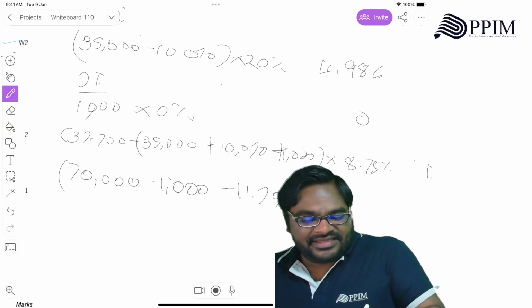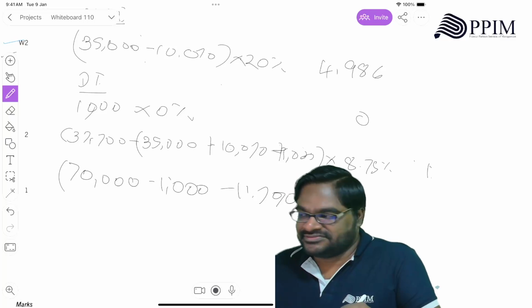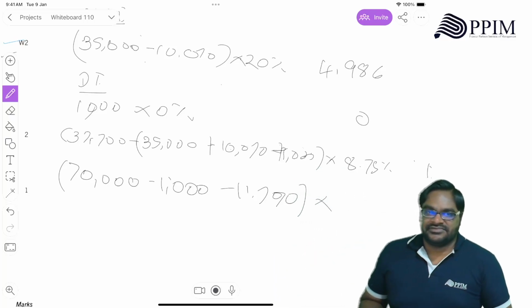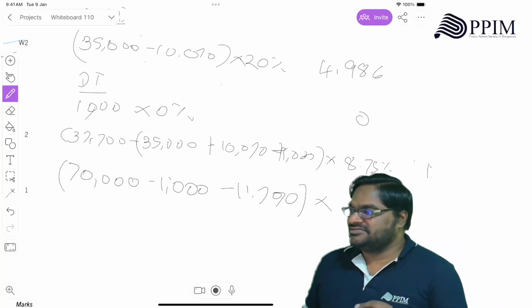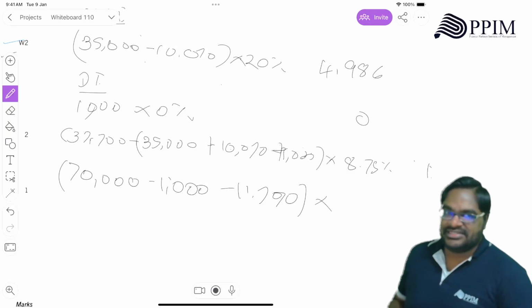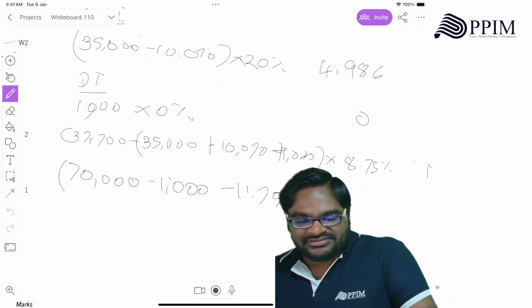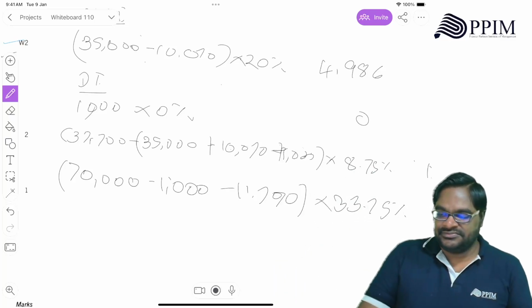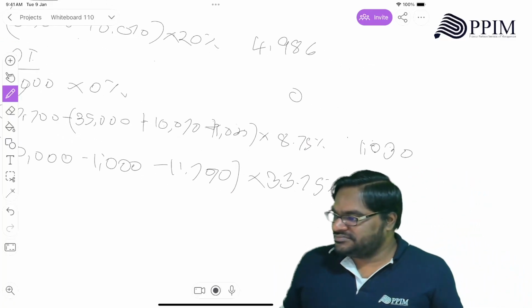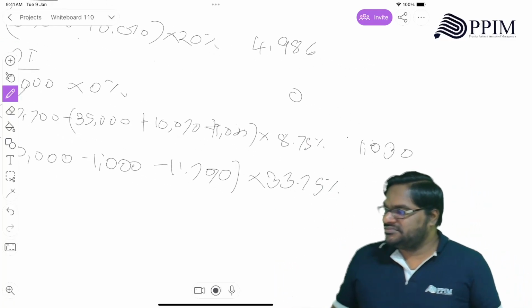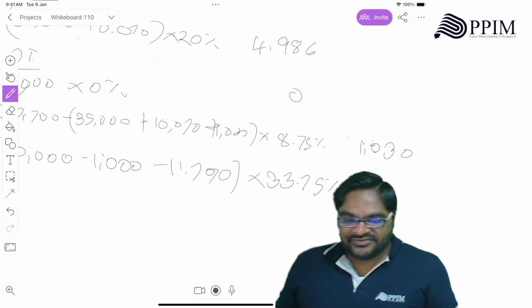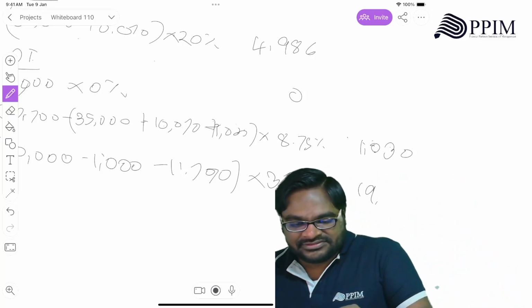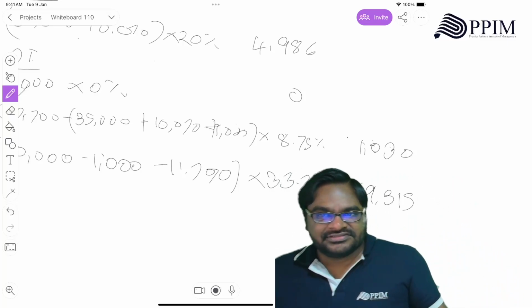This amount will be at the higher rate, correct? What was the higher rate for dividend? 33.75. So this into 33.75. That comes to 19,315. Correct?